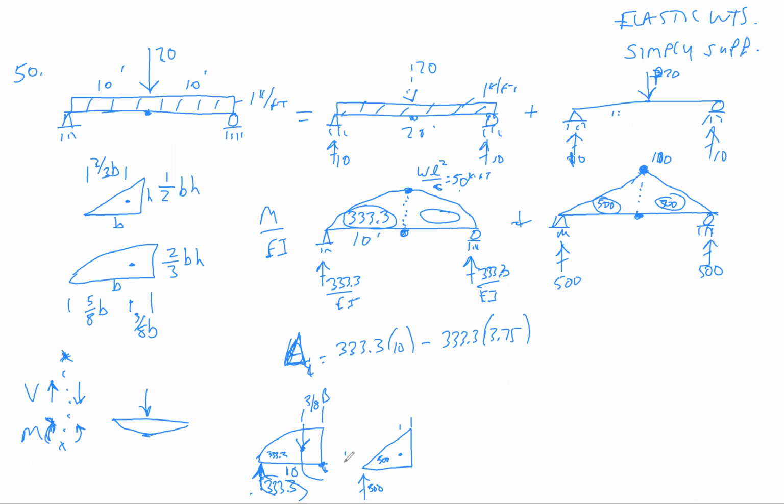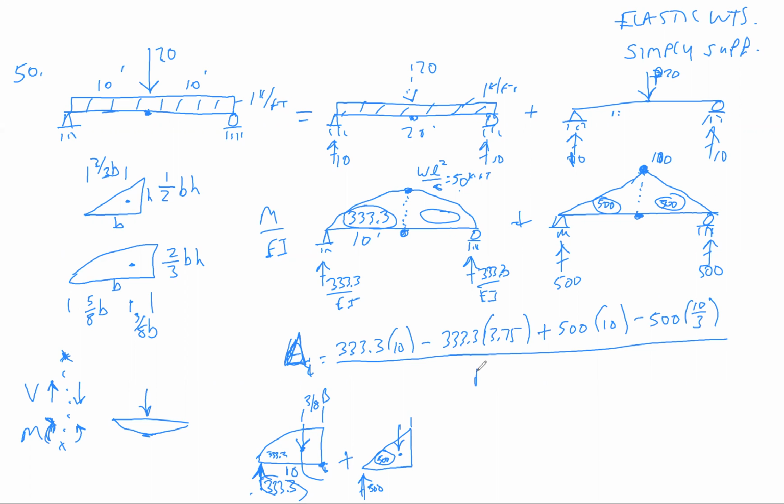Now we'll go over to this part. Remember, we're adding these together. So plus, now I got my positive rotation again. That's basically my reaction, 500 times 10 minus the 500, which comes from the area, times 1/3 of 10, 3.33. And that's it.